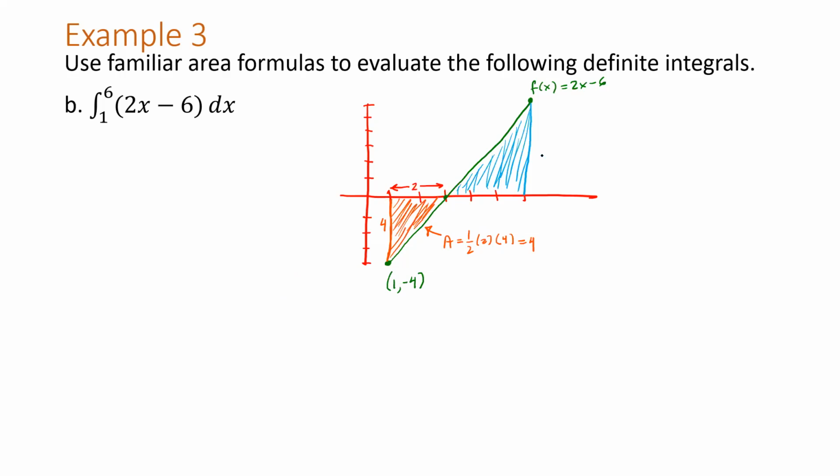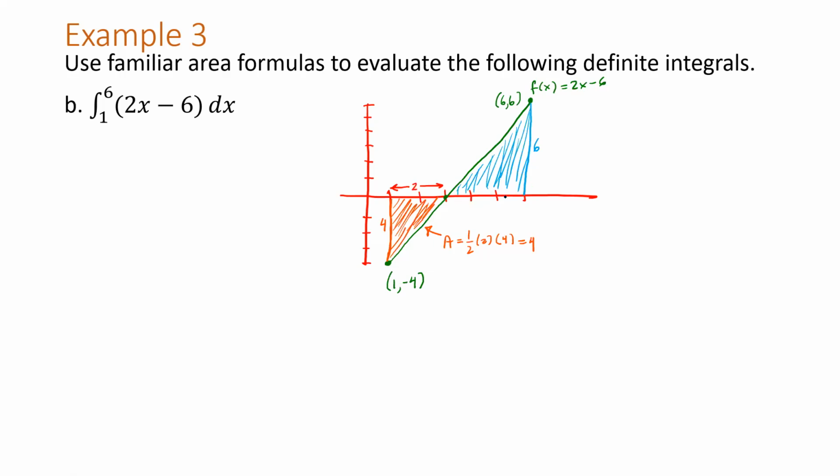And then let's look at this other triangle over here. This one has the point up here at (6, 6), I believe, right? So the height here would be 6.